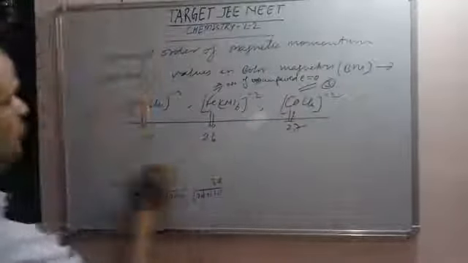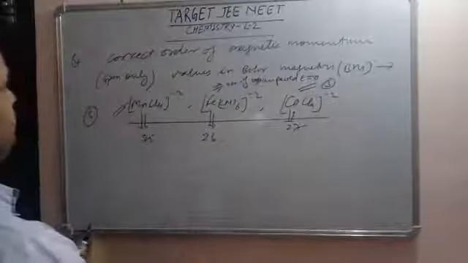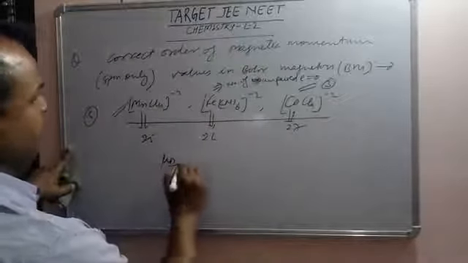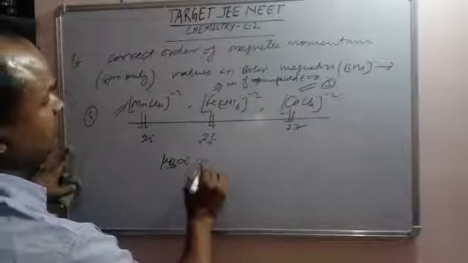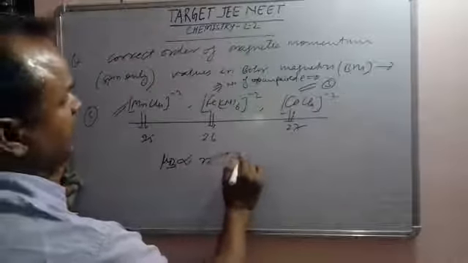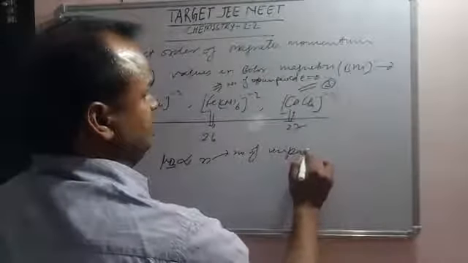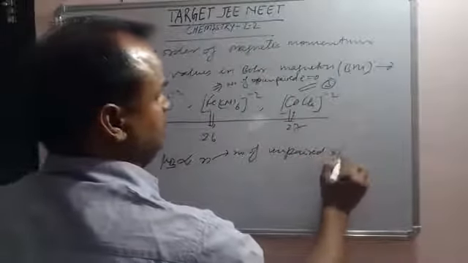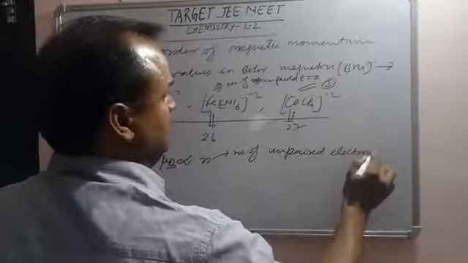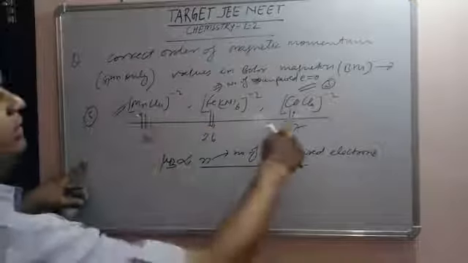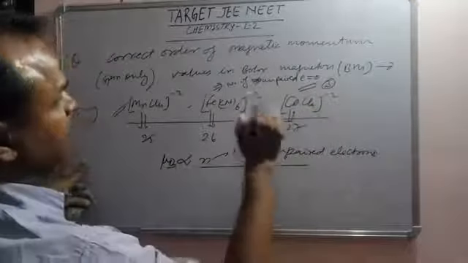Now come to the magnetic moment. As we know, magnetic moment is directly proportional to N, that is the number of unpaired electrons. So this has 5 electrons, this has 0 electrons and this has 3 electrons.